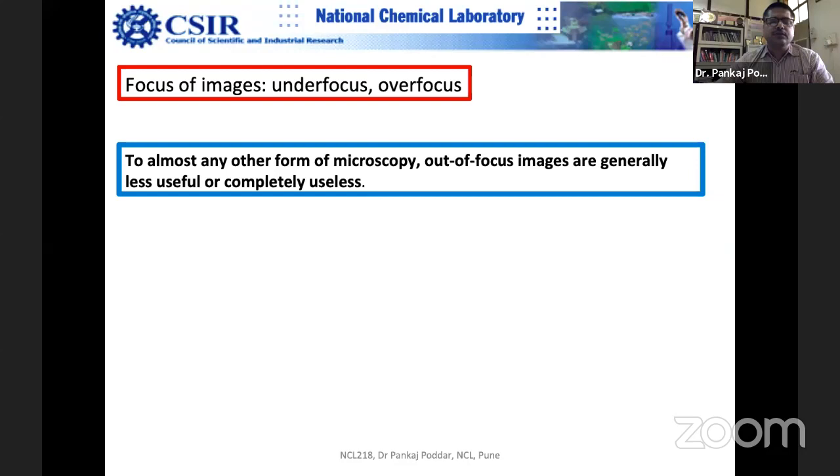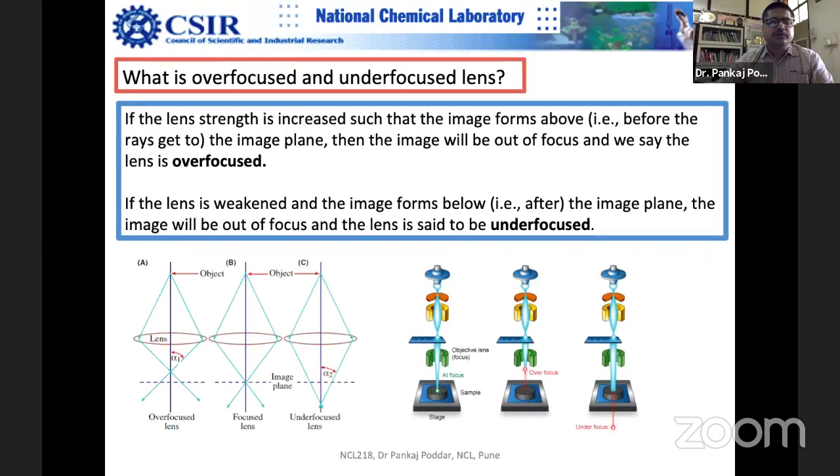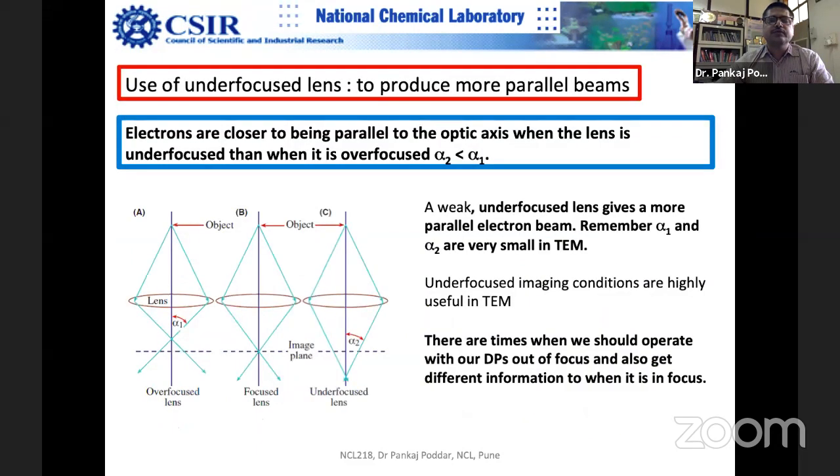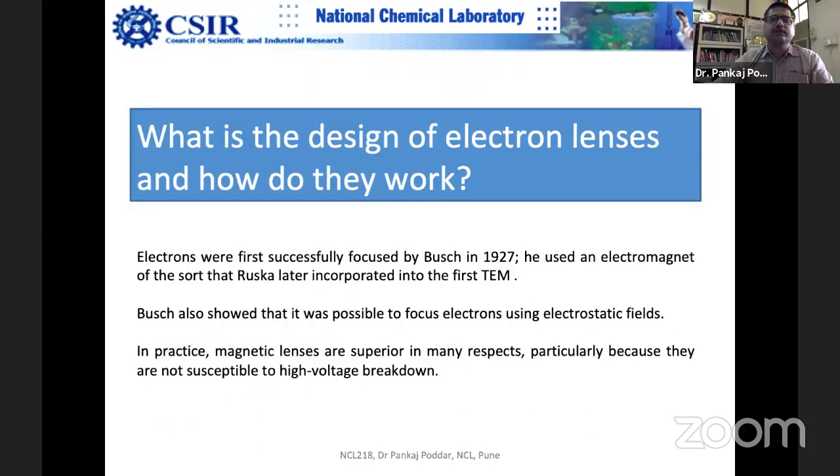After that, we discussed about difference between over focusing and under focusing and focusing, and we also learned why under focusing, or out of focus, is so important, whether it is over focus or under focus. In TEM usually we are under focused. Today we'll discuss the reason.